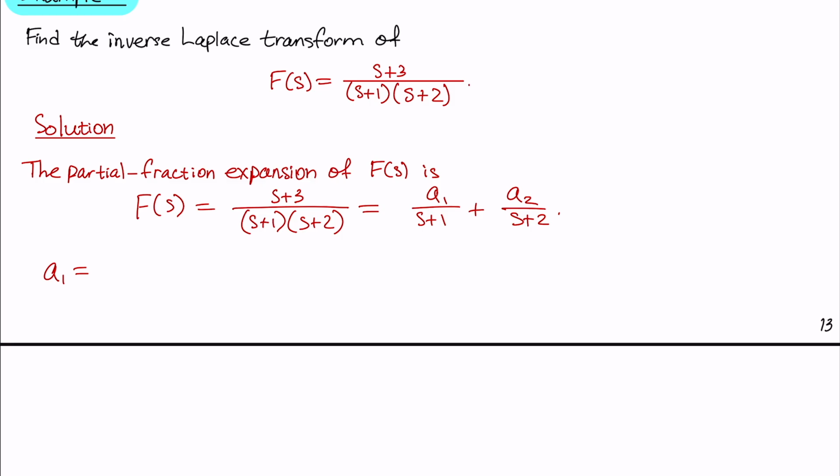For A1, we're going to multiply the fraction form of F(s) by (s + 1). So we'll get here (s + 1) times (s + 3) divided by (s + 1) times (s + 2). This will be evaluated at s equals minus 1.